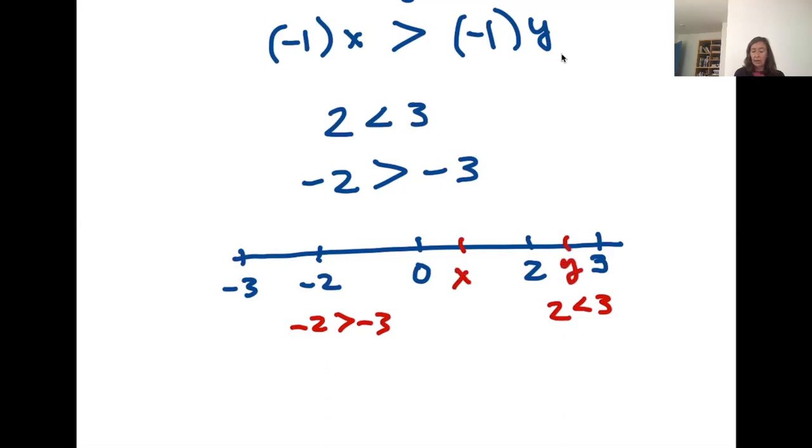And if we start with x being less than y, it's always going to be true that -x, this mirror image, is going to be greater than -y. Okay. So getting used to this idea that when we multiply by a negative number here, I've been using -1, but it could be -5, it could be -1/5, it could be any negative number, that whenever we do that, we switch the direction of the inequality.